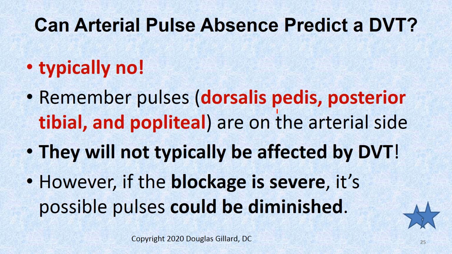And if the limb gets so swollen that you can't physically palpate the dorsalis pedis or posterior tibial, that's the reason you can't find it, because it's filled with swelling. But if there's no swelling, that has no bearing on whether or not the patient has a DVT or not.